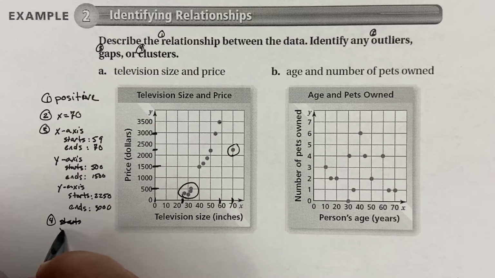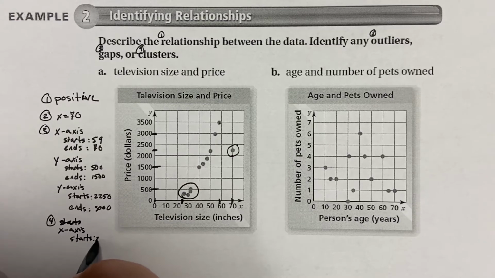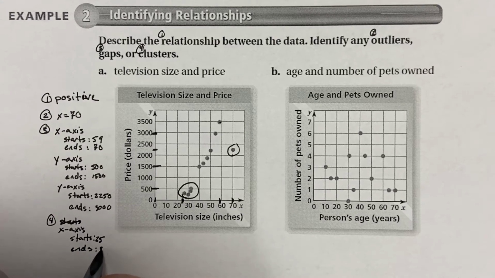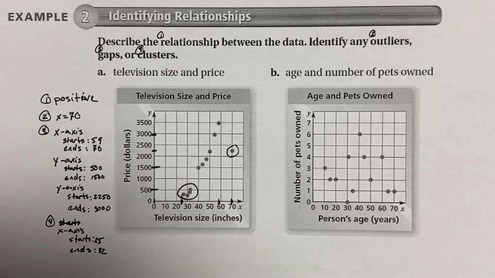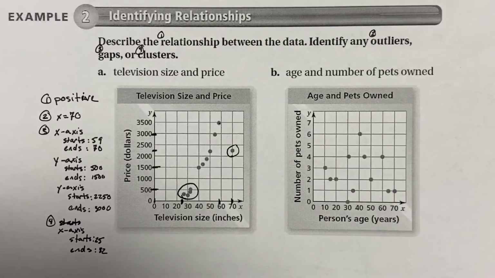So let me put x-axis first, such that it starts about 25, maybe 26, we'll put 25, and ends about 32. Might be 33, but we'll put 32. All right, so that's the relationship on A.